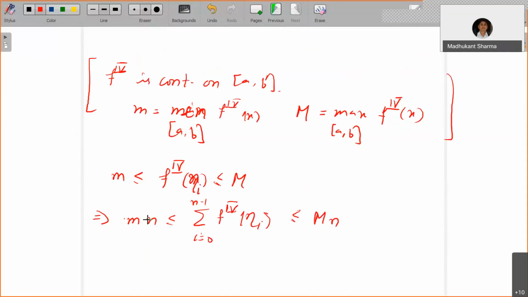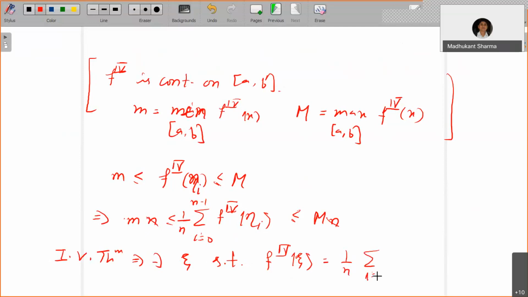Now you can bring n to this side. Now you can use the intermediate value theorem, which says that there exists a point z such that f fourth derivative at z equals 1 by n times summation i equals 0 to n minus 1 of f fourth derivative at eta_i.